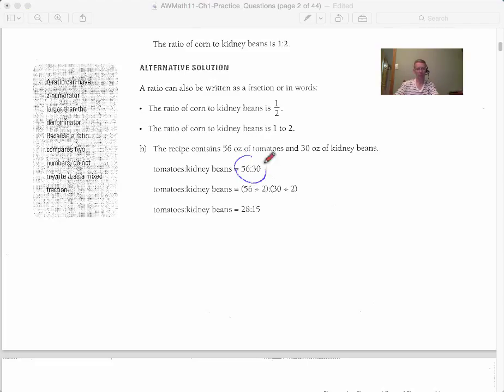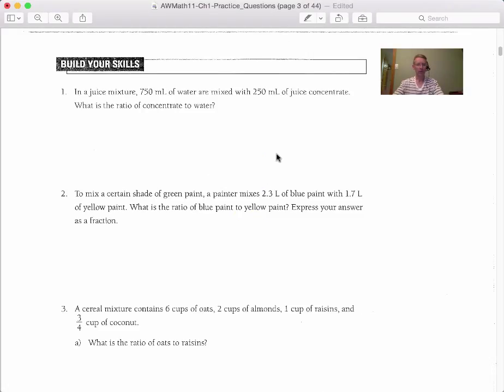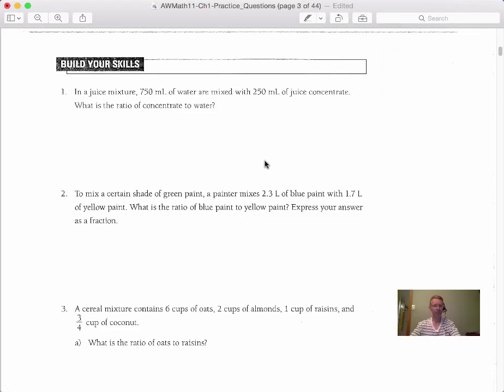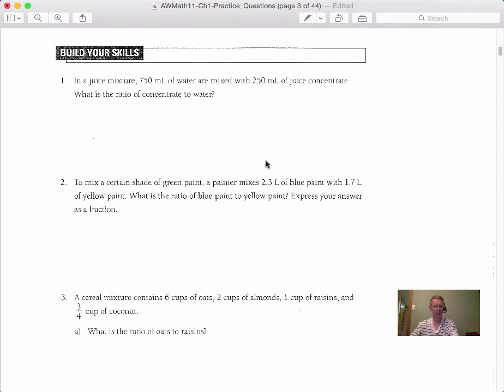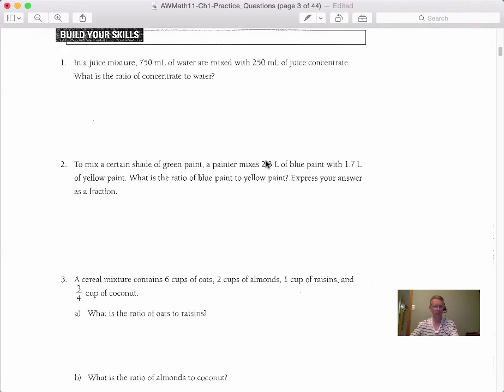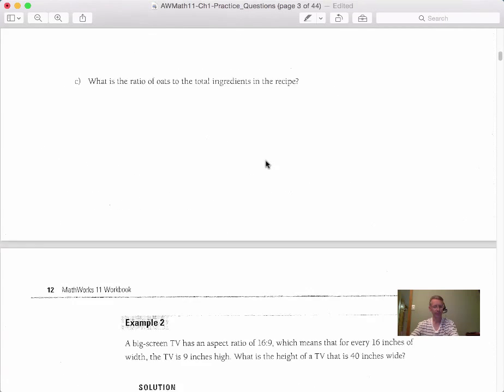They're both divisible by 2 at least, and it turns into 28 to 15, the smallest whole number ratio. On the next page you've got some questions to answer, and I'll let you do this in class when you get there. These are build your skills. Based on the previous examples I've just gone over, you can do these questions.